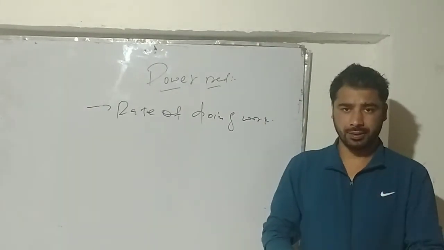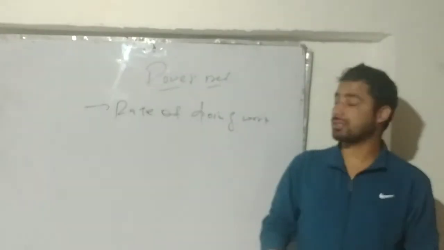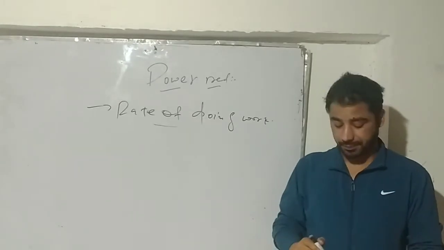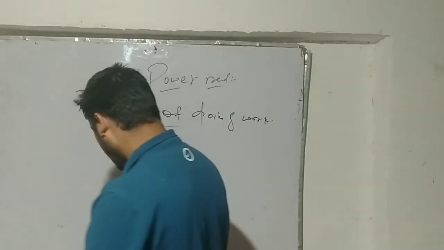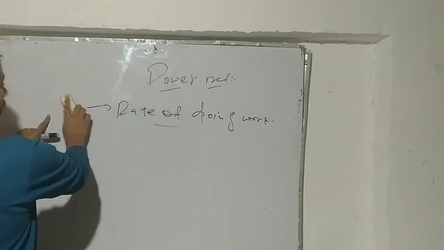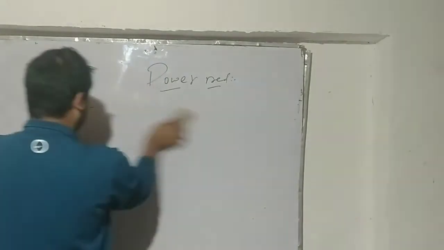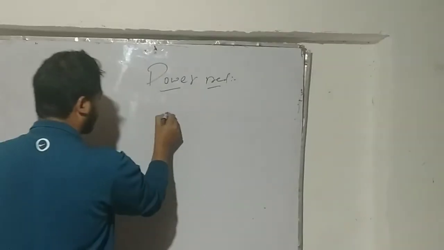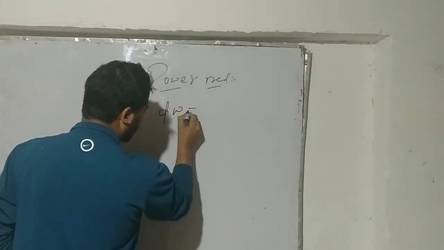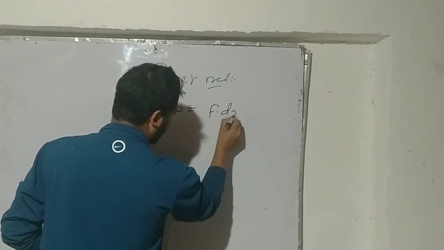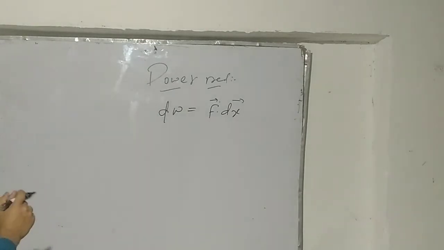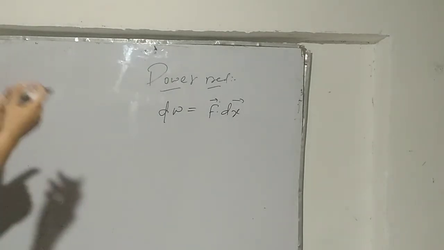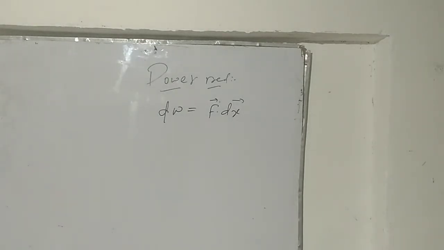So how can we give a mathematical shape to this statement? I used the term rate of doing work. If I remind you of my definition of work done for a lateral displacement, it is F dx. This is something we know at the very basics of the discussion.